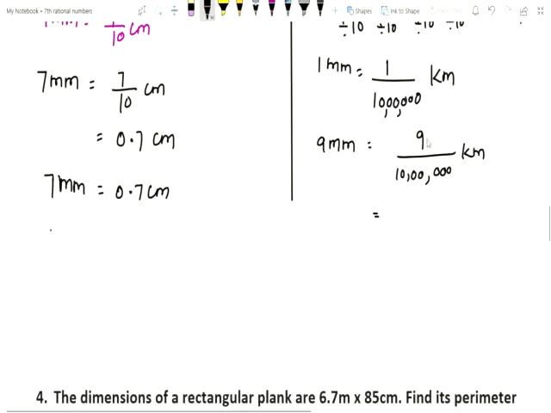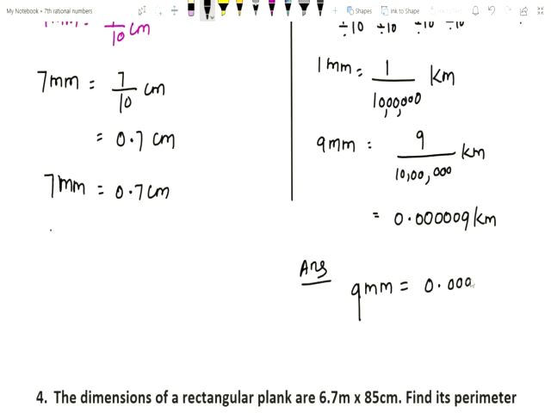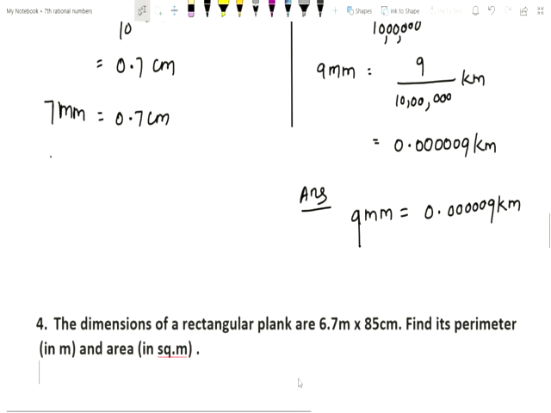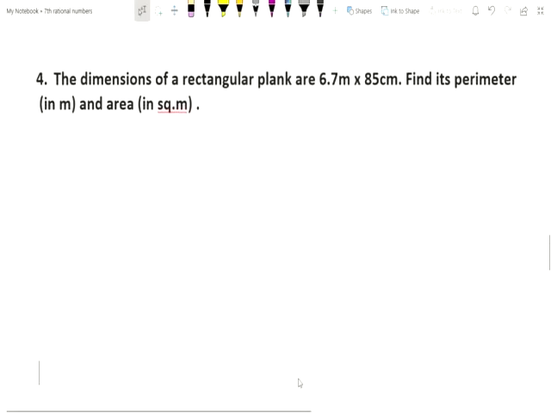Okay. So already one digit is there, 2, 3, 4, 5, 6 kilometer. So what is the answer? 9 millimeter equal to 0.0000009 kilometer. You understand, children? You first write the order, after that you find out how many steps it's moving. Okay. See the next one.